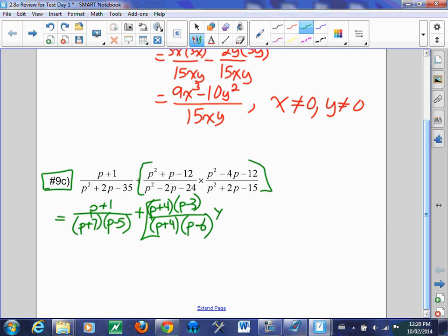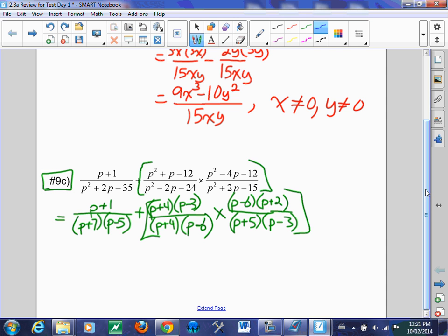Hopefully you're doing well with these factoring, ladies and gentlemen. Okay, taking a look at the numerator, p minus 6 and p plus 2, divided by p plus 5 times p minus 3.